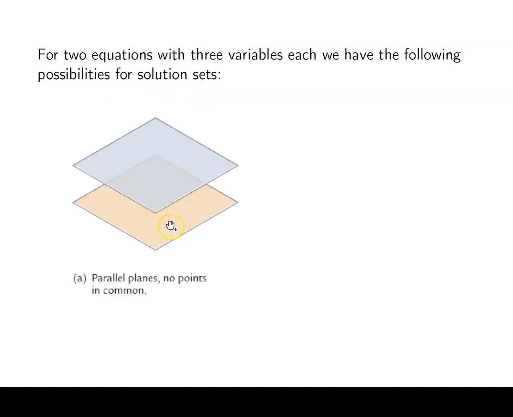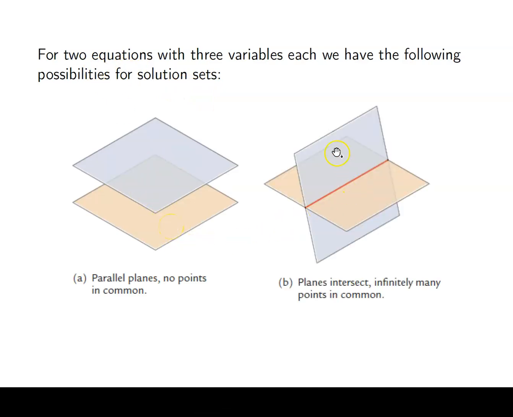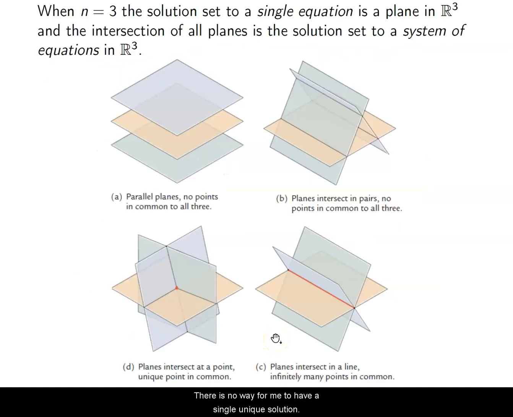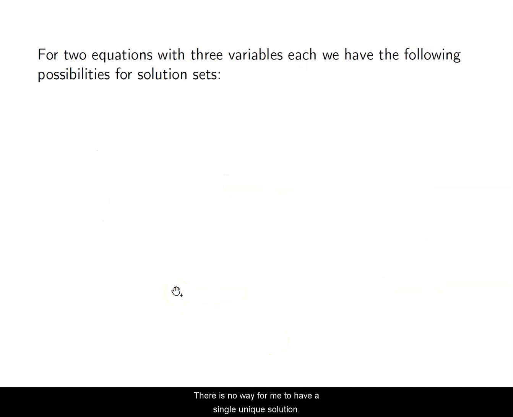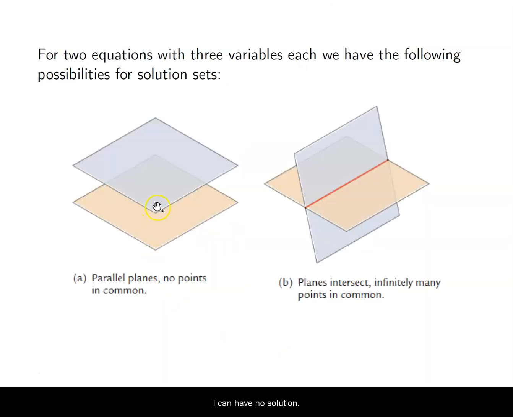Again, that they're parallel, there's no solutions, or that the 2 planes intersect and then I have infinite solutions. So if I have 2 equations and 3 variables, there is no way for me to have a single unique solution, but I can have no solution or infinite solutions.